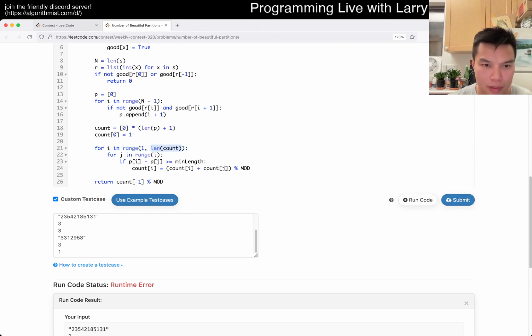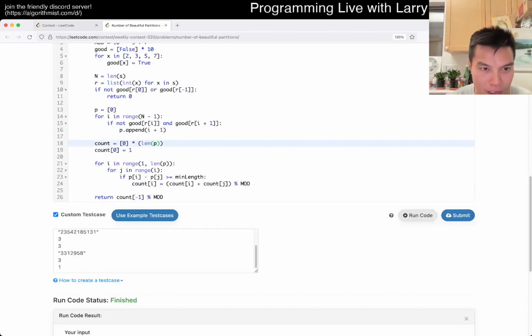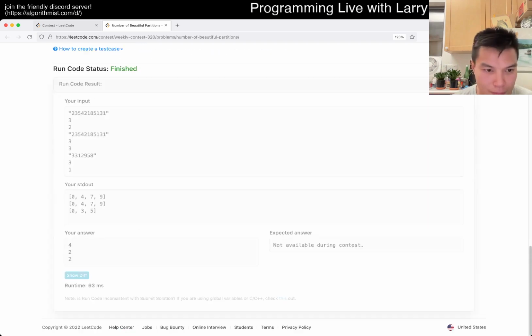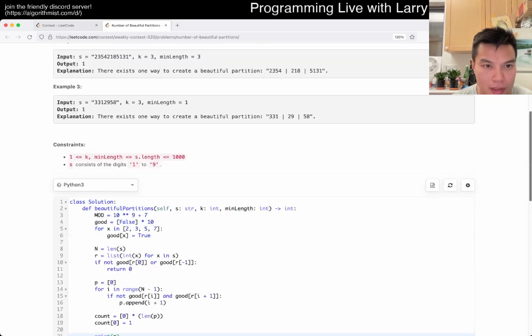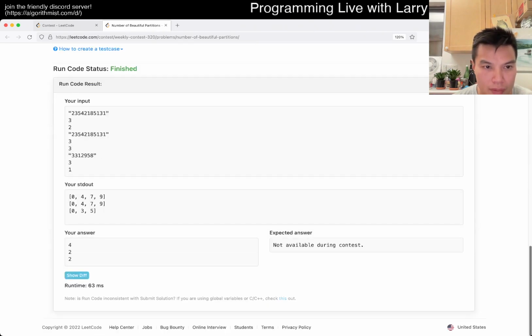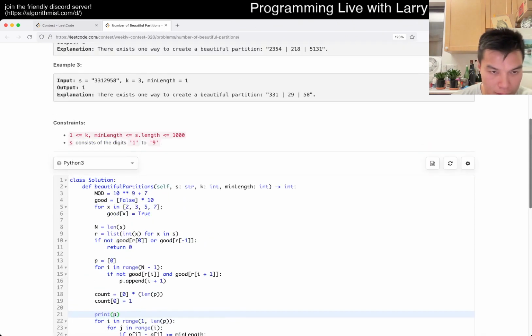Oh, this is fine. This is length for P. Also this. 422. That's not quite right. 0479. 0 is fine. 4 seems fine. 7 is fine. 9 it seems fine. So what is the wrong answer here?